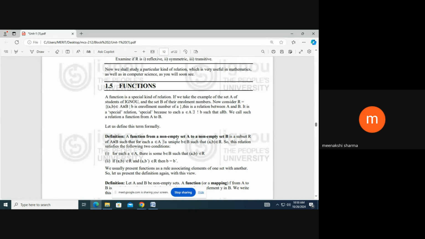Then another one is many to one. Many to one means more than one employee and one boss, both in discussion. And many to many means many bosses and many employees discussing any topic. It's called a function. And there is a definition of function.